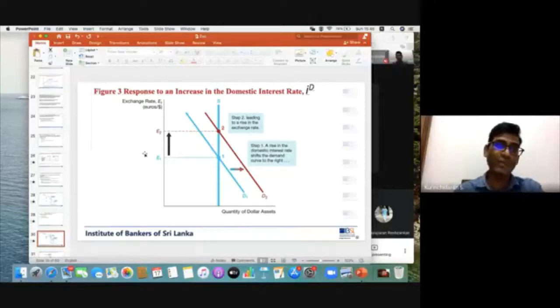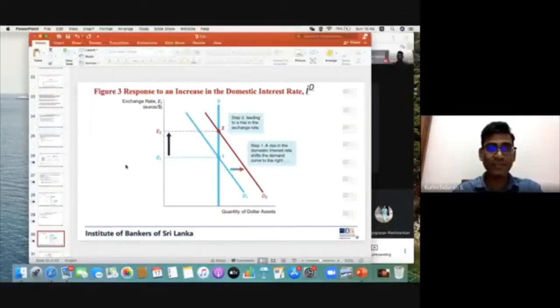But we always have to remember that we say others are constant. I'll say it again: when the domestic interest rate increases, you will have more demand for the domestic currency.